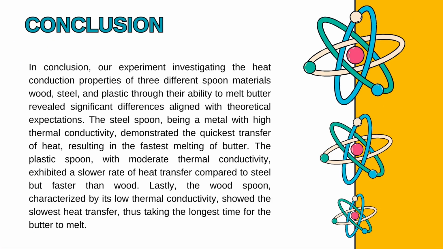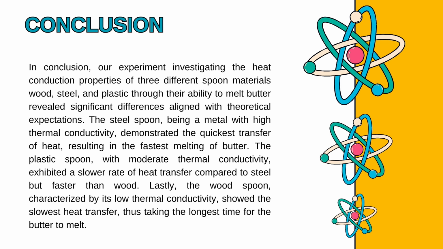In conclusion, our experiment investigating the heat conduction properties of three different spoon materials, which are wood, steel, and plastic, through their ability to melt butter, reveals significant differences aligned with theoretical expectation. The steel spoon, being a metal with high thermal conductivity, demonstrated the quickest transfer of heat, resulting in the fastest melting of butter.